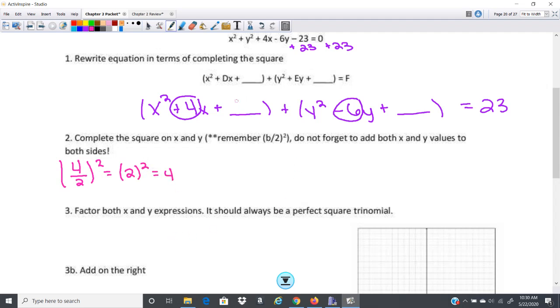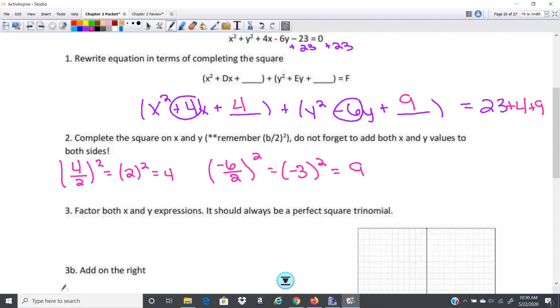Okay, so you're going to add that right here. And since you did it to one side, you have to do it to the other side as well. And we'll do the same thing with the negative 6. So negative 6 over 2 is going to give us a negative 3 squared, which is going to give us a positive 9. So we're going to add 9 here and here.